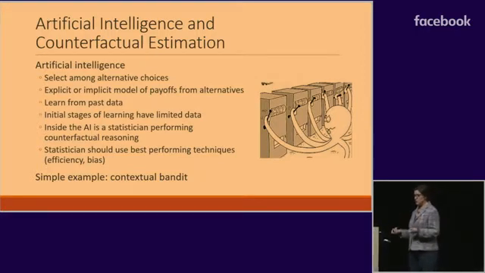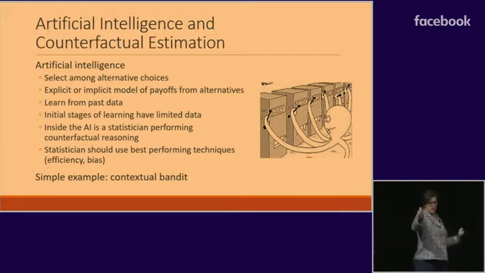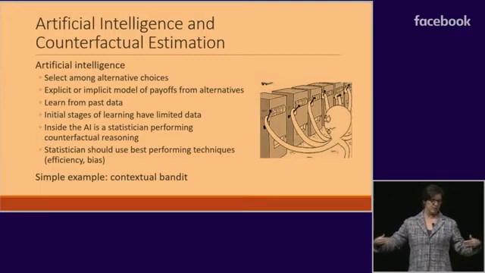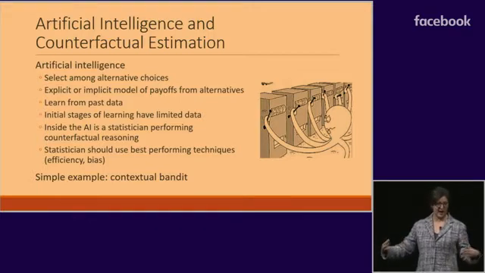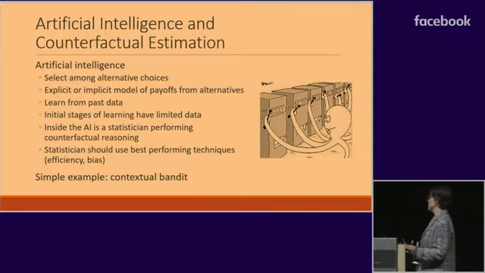Of course, in the initial phases of learning, you have limited data. So a lot of the theory in this literature is just, OK, n goes to infinity, everything is good, we've learned the best thing eventually. But if I'm running survey experiments or trying to get people to vote or whatever, I often don't have enough data. Treatment effects are often pretty weak. I'm often very underpowered. So you really do care about what happens in the initial stages, and it's important to be a good statistician.